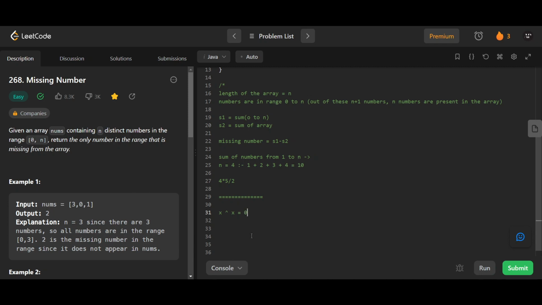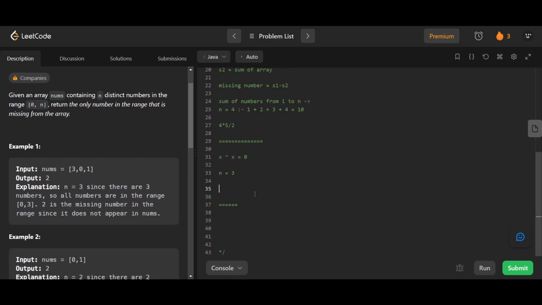So essentially, if you keep doing XOR, that's another way, instead of sum. Let's say for n equals 3, you just keep doing XOR. So you have 0, then 1, then 2, and then 3.